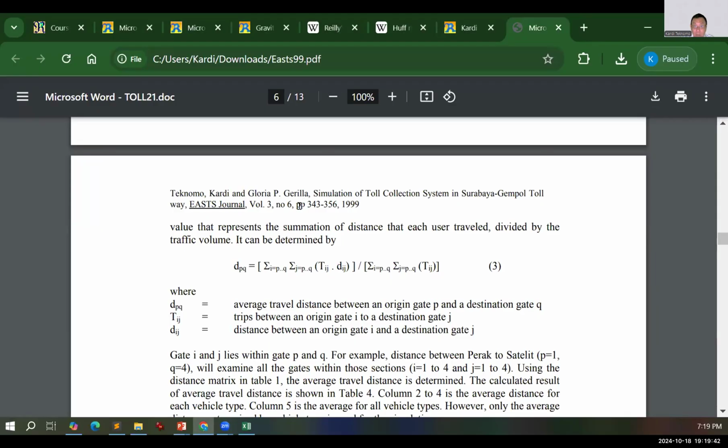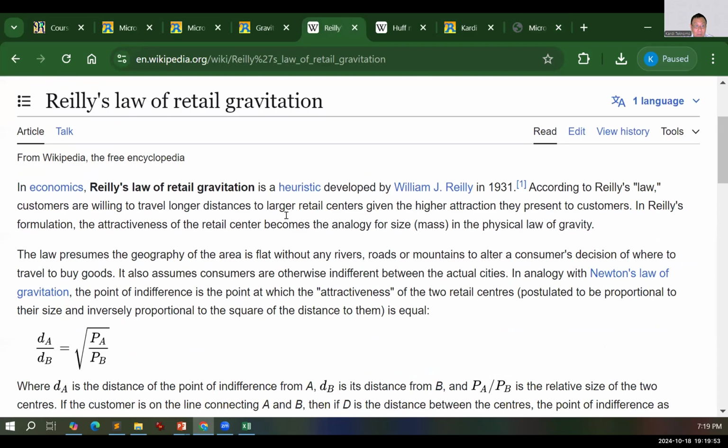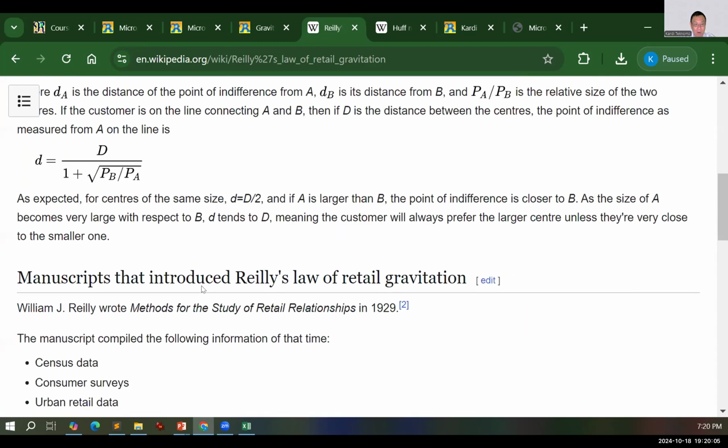Right, so exactly the same formula. Same formula. And yeah, this is a very old model.